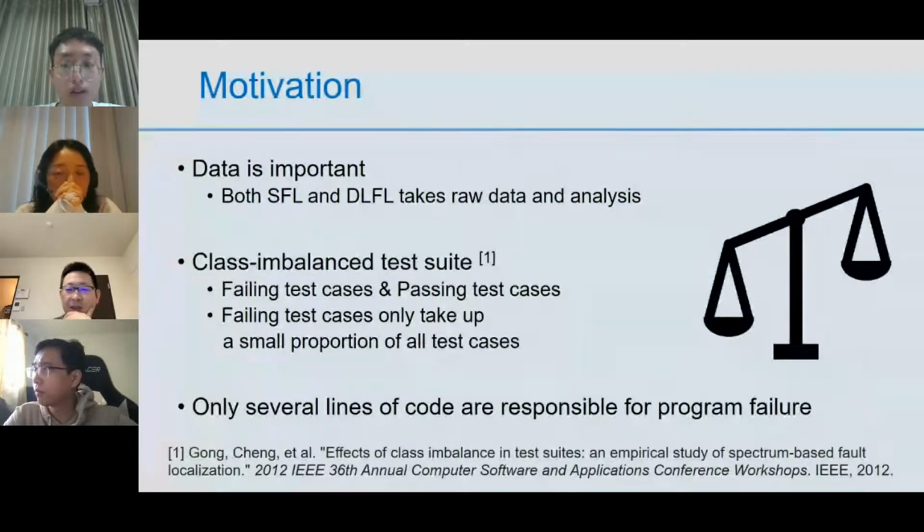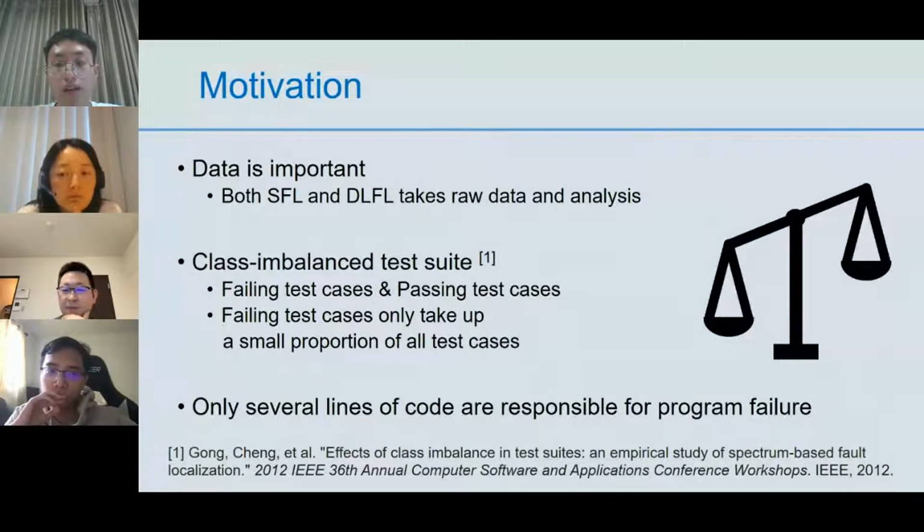From the above pipeline, we can observe that the effectiveness of SFL and DLFL heavily relies on the quality of the input raw data. But the quality of the raw data poses severe threats due to the class imbalance test suite in real-world programs. First, the failing test cases only take up a small proportion of all test cases, which means we face a built-in class imbalance problem in the real-world test suite.